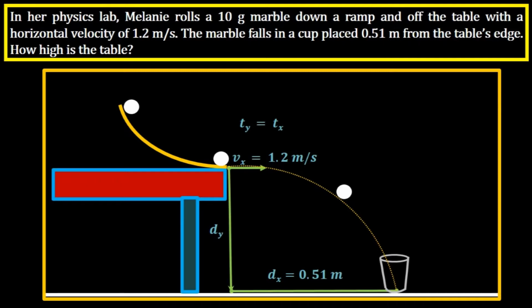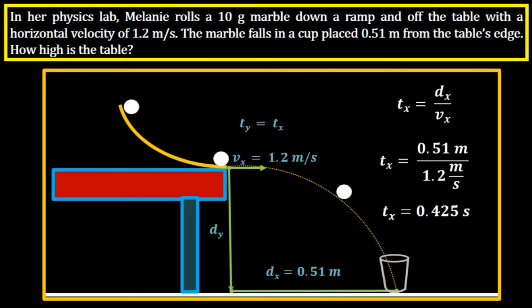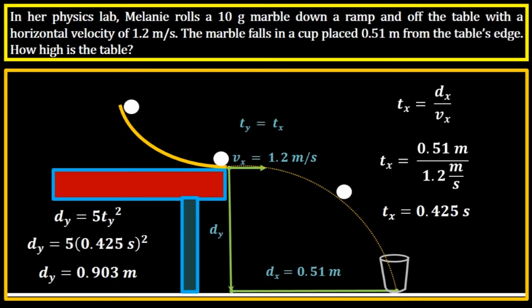So dx over vx is going to be tx, which is 0.425. And so I know that that's ty. So ty is 0.425 as well. Now determining dy is going to be 5 times 0.425 squared. Remember, tx and ty are the same for type 1 projectile motion. That concludes this particular problem.